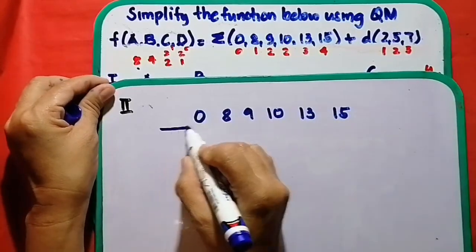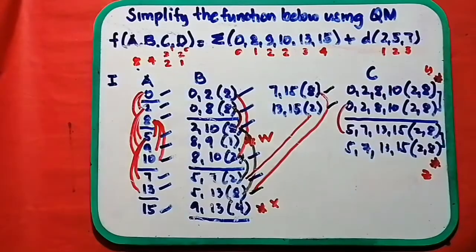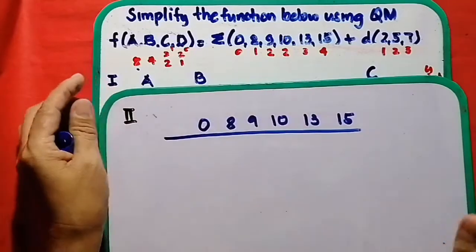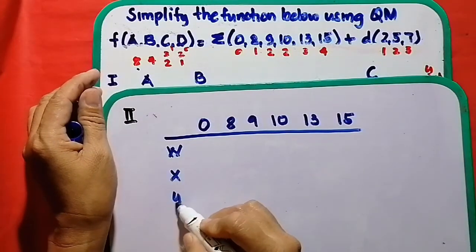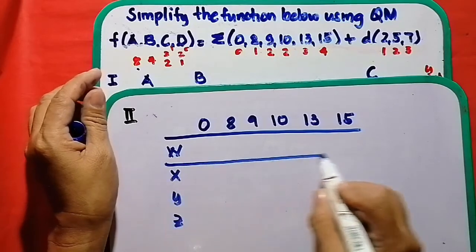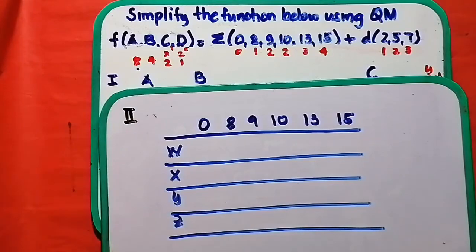So we write the dividing line. Okay, we have here W, X, Y, and Z.